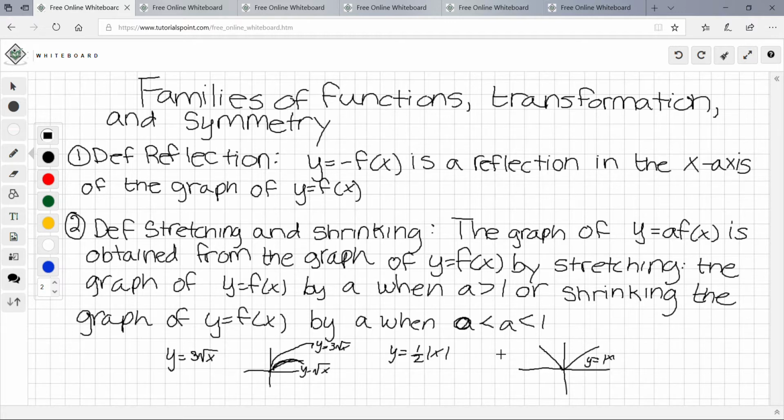Now this 1/2 means it's actually being stretched by a factor of 2, so it would look something like this. It's just a rough estimate. It's basically being stretched by a factor of 2. And this rule applies to parabolas too, and I'll go over the problems more.